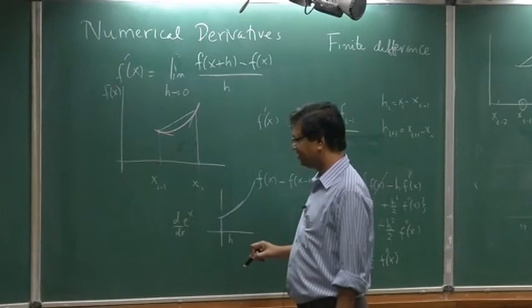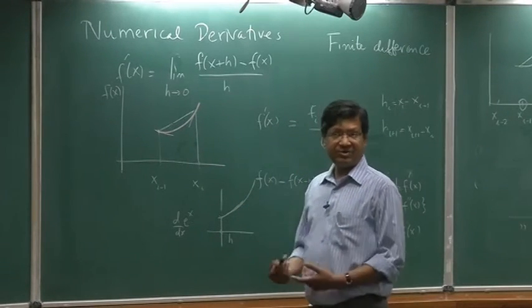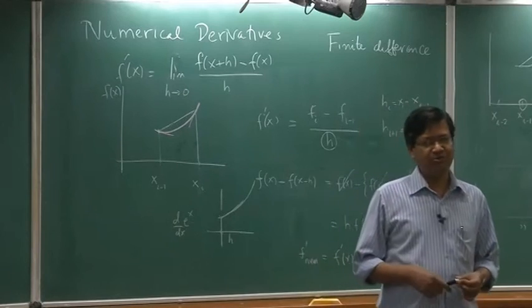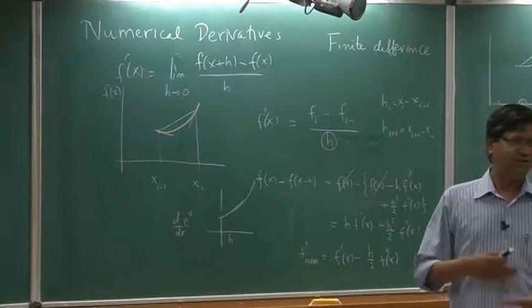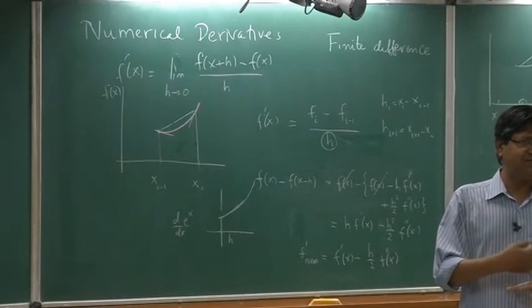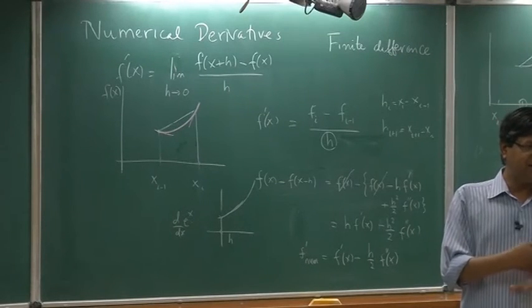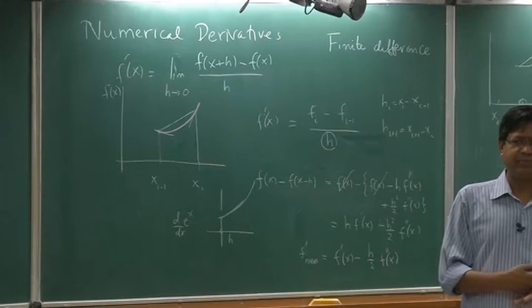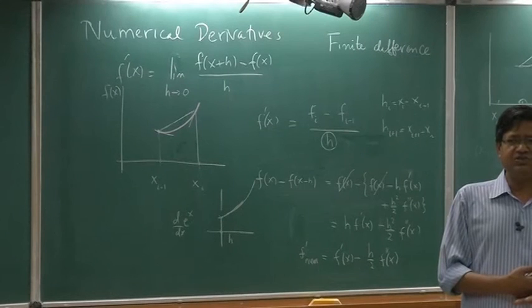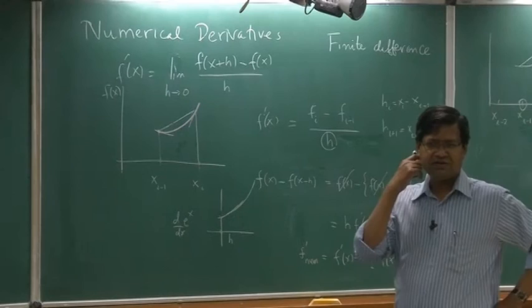If I vary h, I will get better and better accuracy. So, you verify this by doing different schemes and get the error. The central difference scheme should give you h squared. So, use different h and fit.